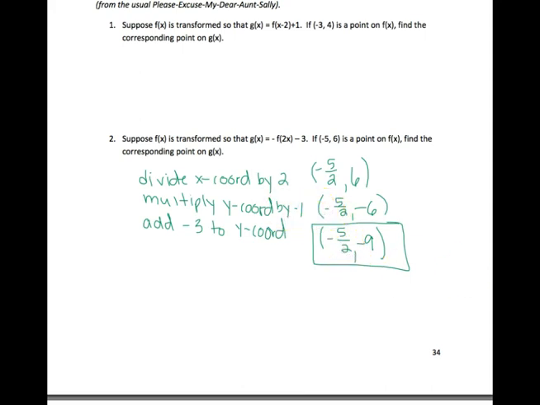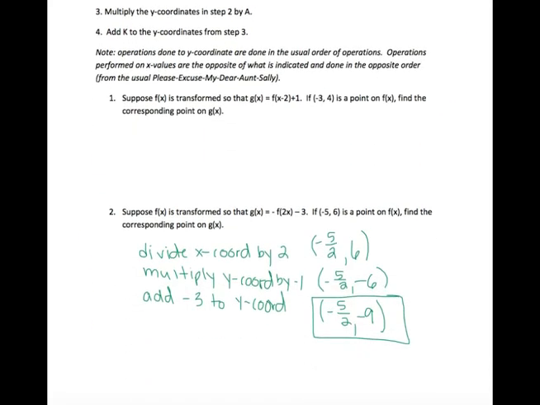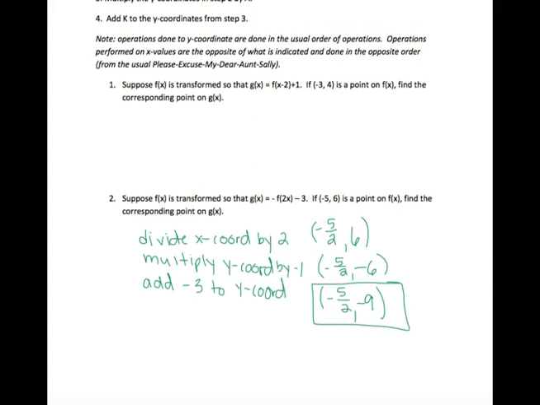I would suggest learning this and using it anytime what you're given are individual points. If what you're given is a parent graph, then I probably would revert back to just knowing what the parent looks like and performing those transformations.